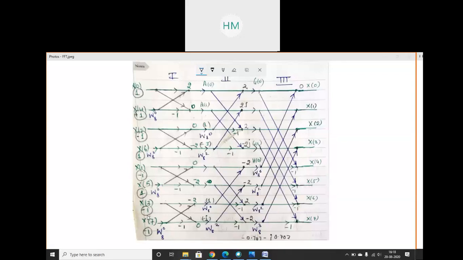Minus 2 into w8 0. x of 4 क्या आ रहा है तुम्हारा? 4 आ रहा है. How? w8 0 is my 1. g of 0 मेरा है 2. And here I am getting, okay, minus 2, minus, minus, plus. So answer is 4, right? All are getting this 4.